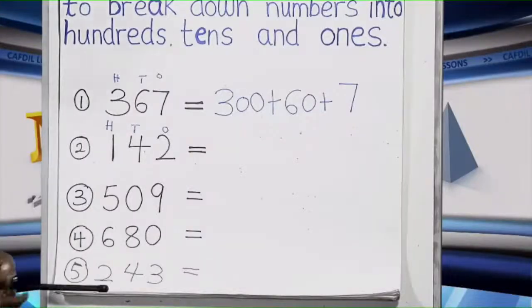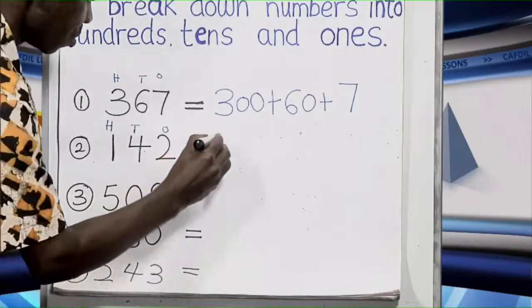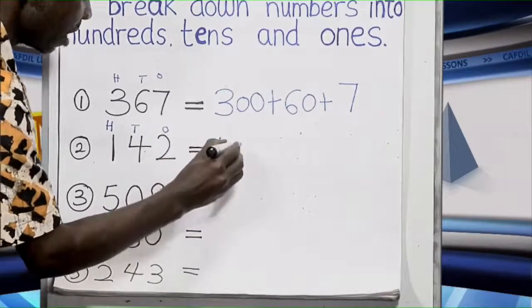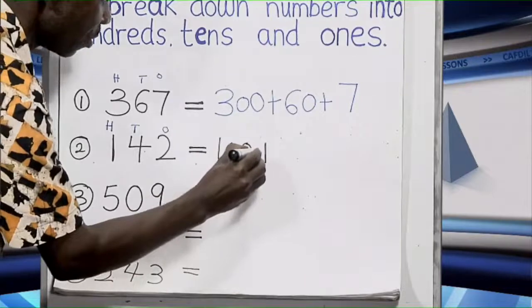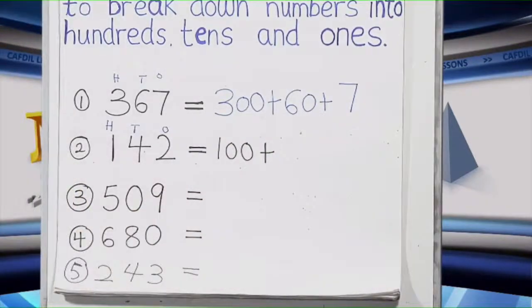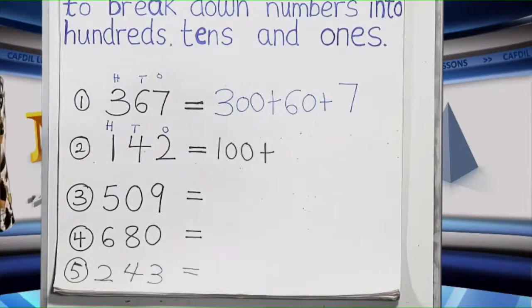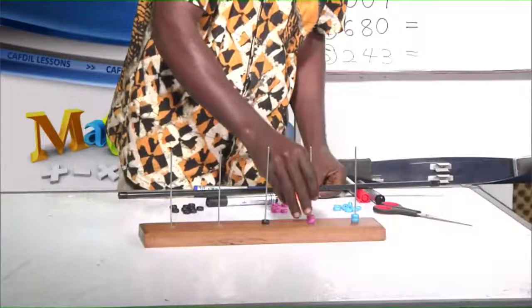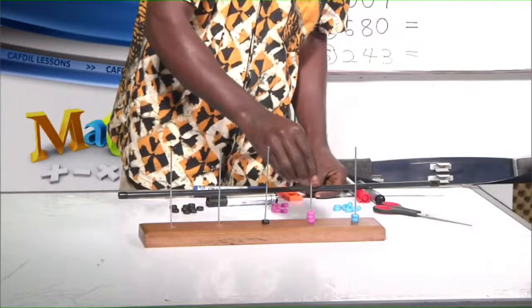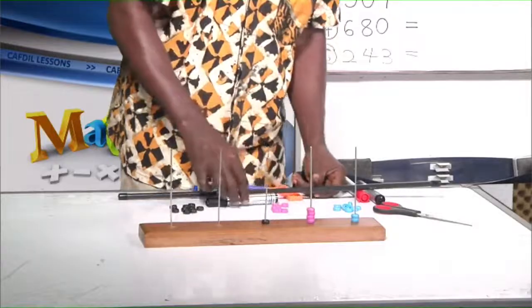So you can write 100 plus. Let's come to the second digit. That is the tens column. We have 4. So since the tens column shows 10, we count 10, 20, 30, 40.